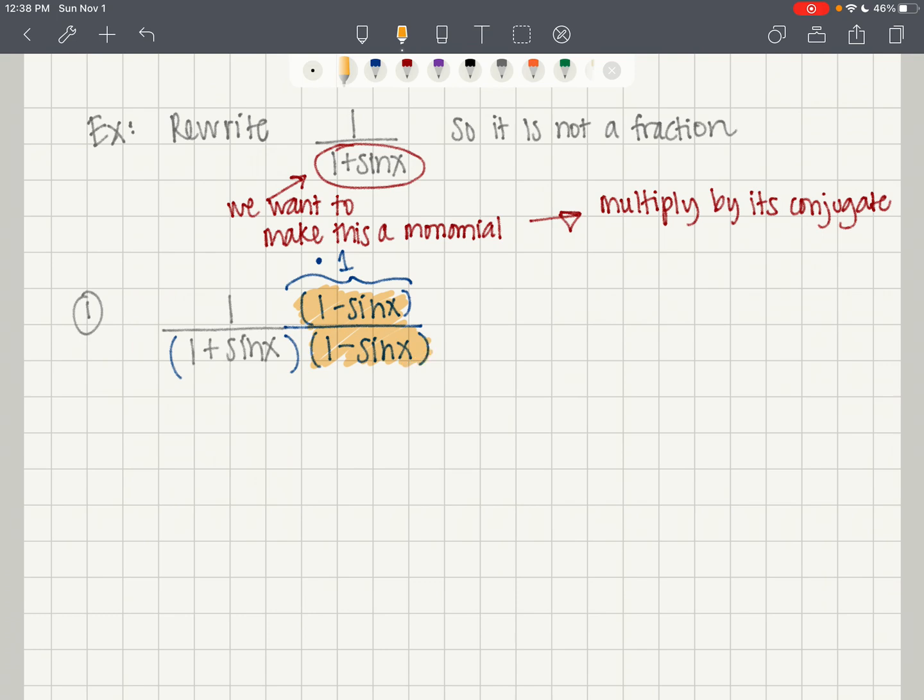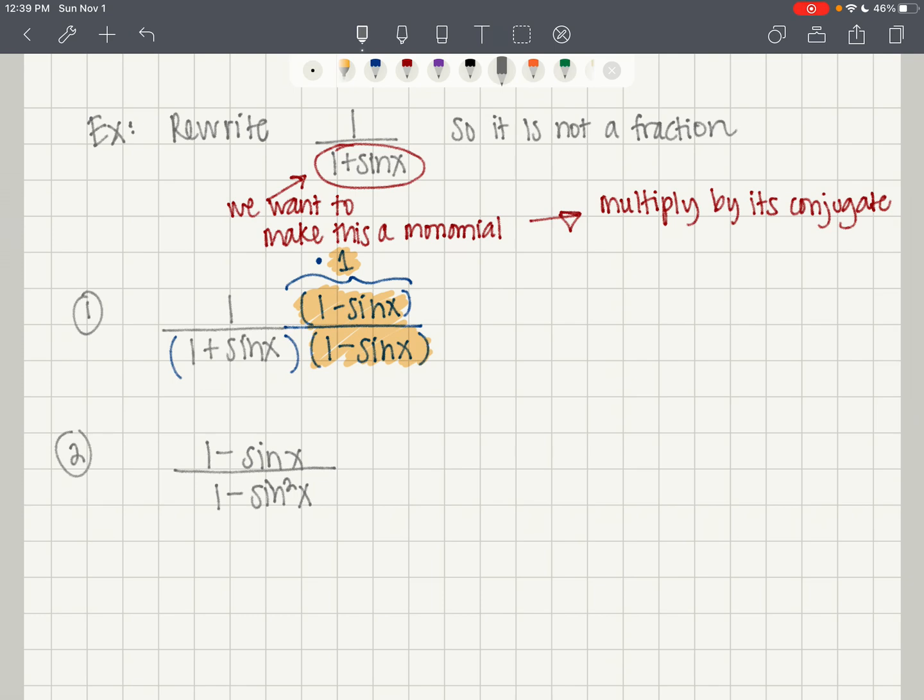Anything over itself is 1. So we're really just multiplying by 1. But what that gives us is 1 minus the sine of x in the numerator, and we've got 1 minus sine squared of x in the denominator.